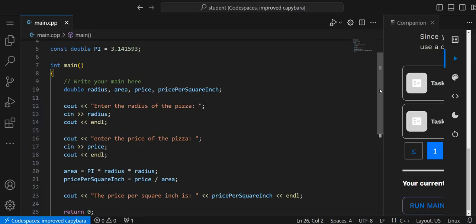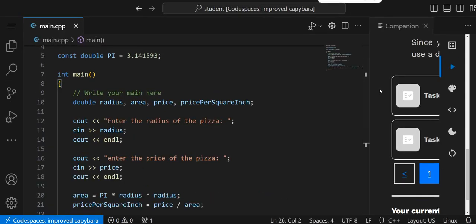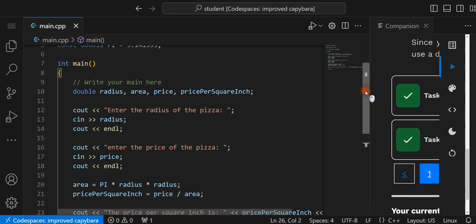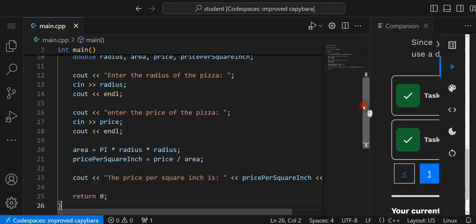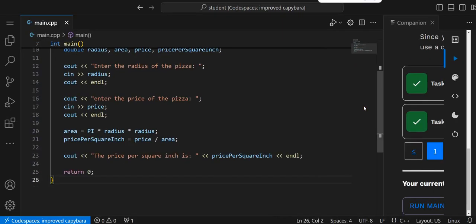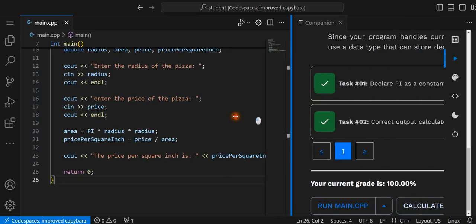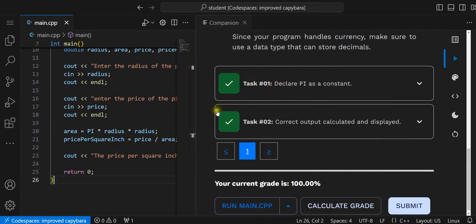Look at the code. That should be sufficient. Alright, so we got our 100% on task 1 and task 2. So thanks for watching that video. We'll go on to the next one.